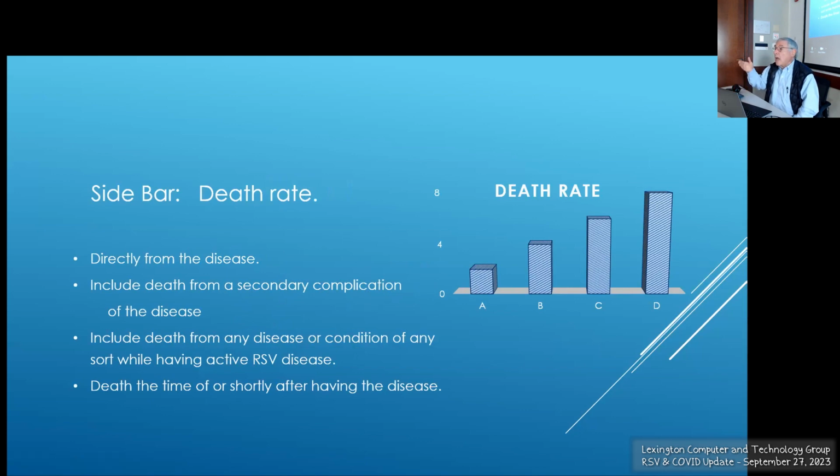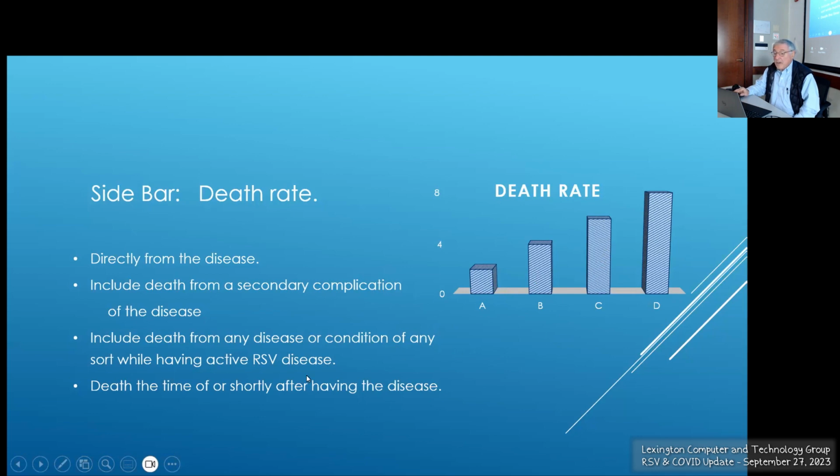You were sick, you were lying in bed, you got deep venous thrombosis, you got pulmonary emboli, and you died. But you didn't die from the virus, you died from bed rest. Okay, that's group B. You add group A plus group B. But then there's death from any condition or disease of any sort while having active RSV disease. You can fall down a flight of stairs, you can be in a car accident, a plane crash, a scuba diving accident, but you're going to get more people dead.